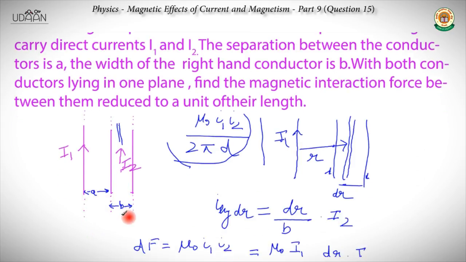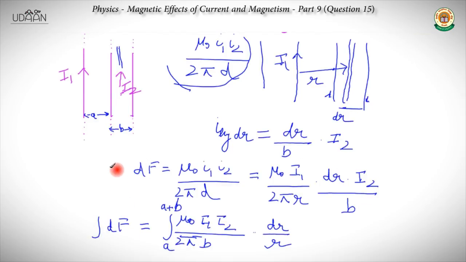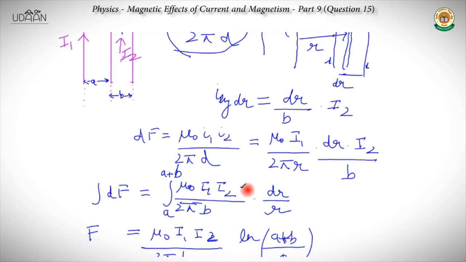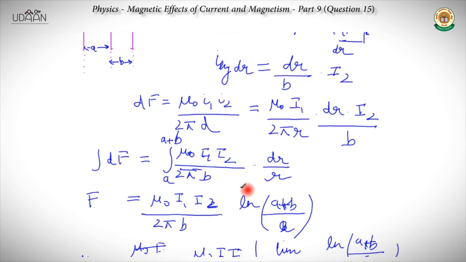When we start off with the integration for this, we get the force of interaction dF as mu naught I1 by 2 pi r dr I2 by B, and we integrate between the limits A to A plus B, and we get our answer as F is equal to mu naught I1 I2 by 2 pi B log A plus B by A.